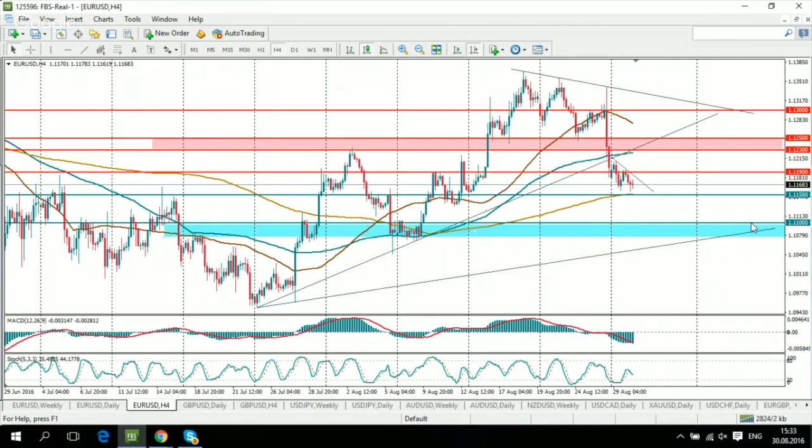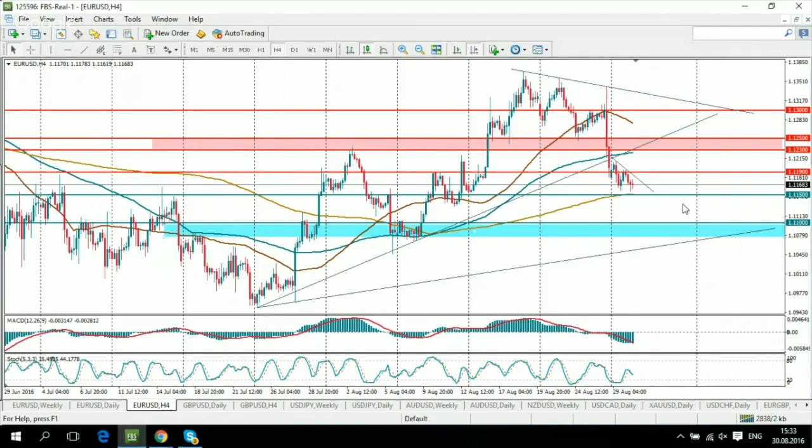The euro is currently correlated positively with the market risk sentiment. So maybe there will be some hints for the euro dollar from that, but of course the theme of divergence of the European Central Bank and the Federal Reserve's monetary policy should be the main driver of the euro dollar, at least until Friday, until non-farm payrolls.